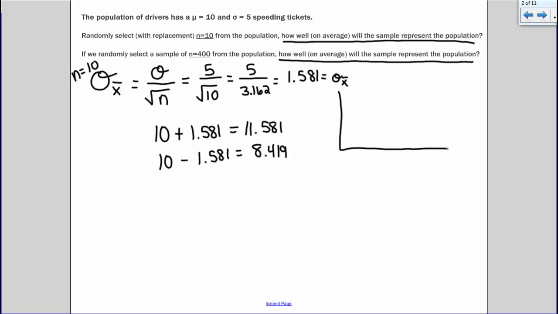And if we drew this out in our sampling distribution frequencies, these represent sample means. All right, so in the middle we have our population mean. Remember, the population mean is equal to the mean of the sampling distribution, and it's always in the middle. And then we would have a situation where we have most scores falling, so plus 1 standard error would get us to 11.581, and minus 1 standard error down to 8.419.